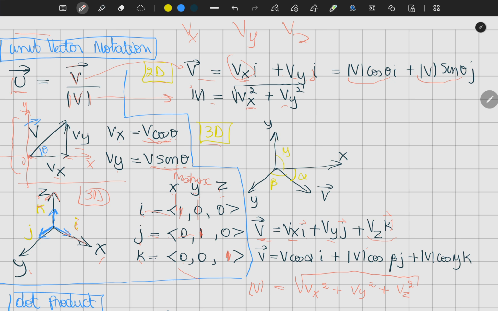Okay, so now, in order to find this, this is what we use just to show you what's happening. When you have to represent the vector, the resultant, you need to represent it when you work with 3D.